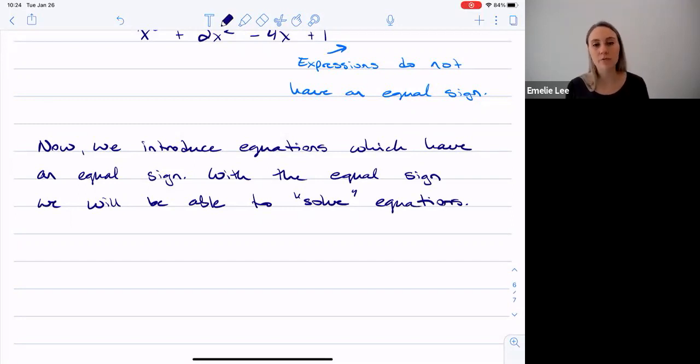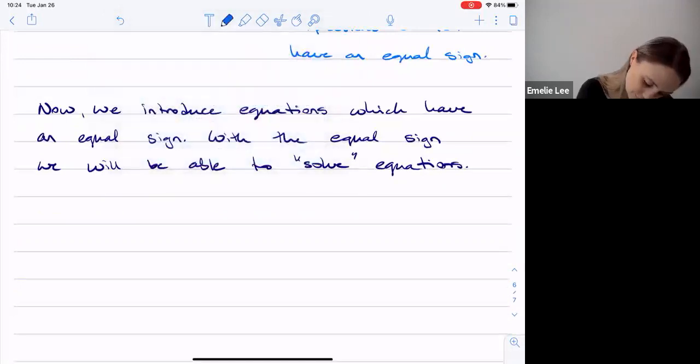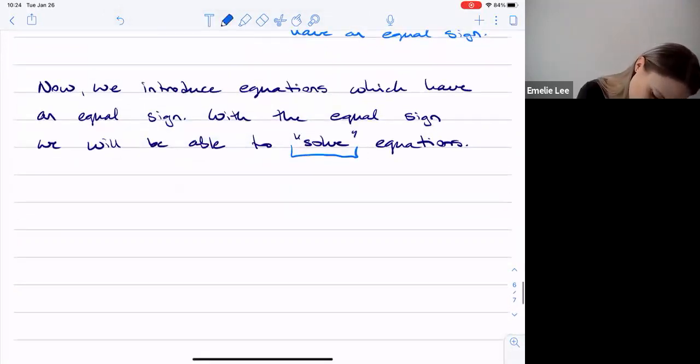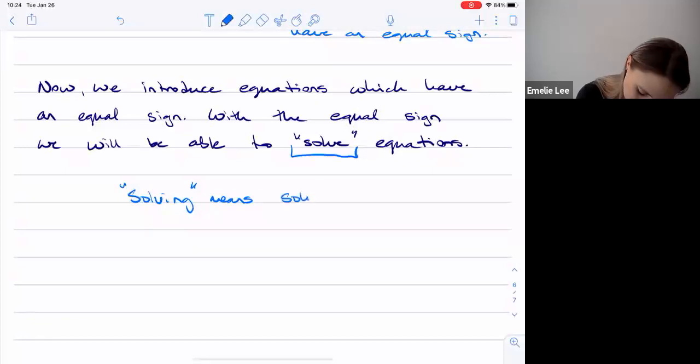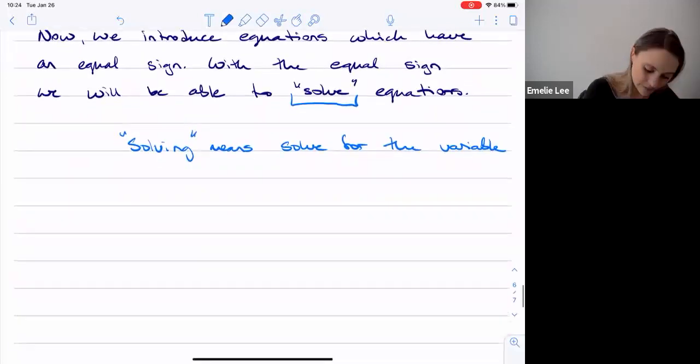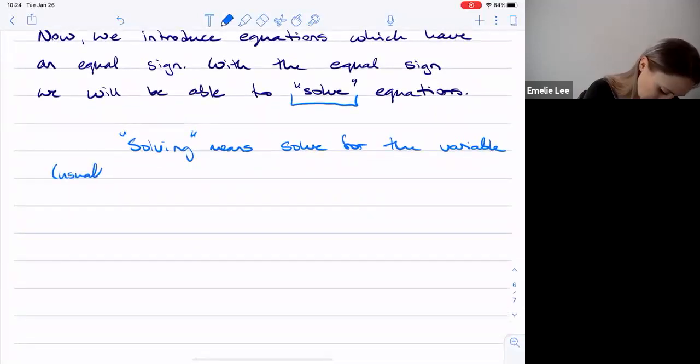Most often that variable is x. So solving means solve for the variable, usually x, that makes the equation true.